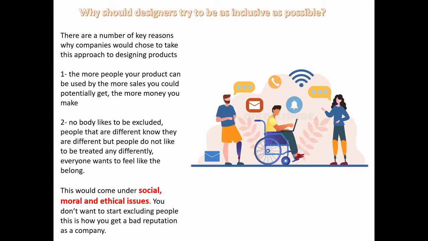The second thing is that nobody likes to be excluded. People that are different, have different abilities, already know that they're different. If someone's got a disability or anything like that, they are aware of their limitations. Of course they are. But 99.9% of them don't want to be treated any differently.